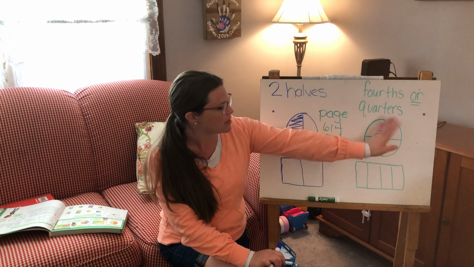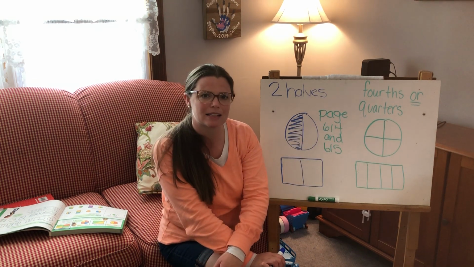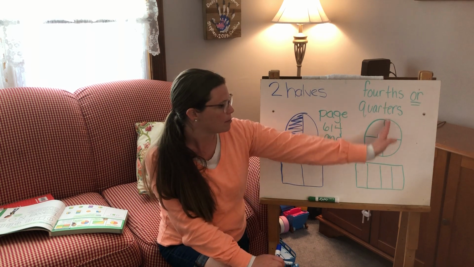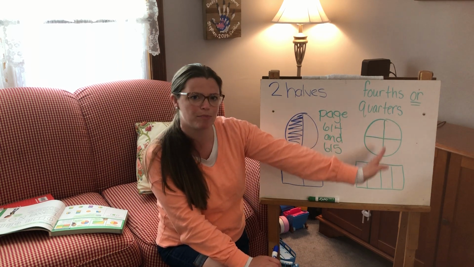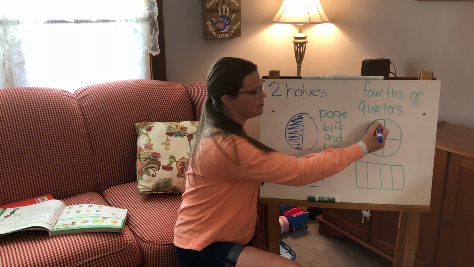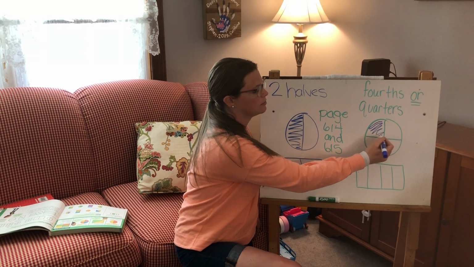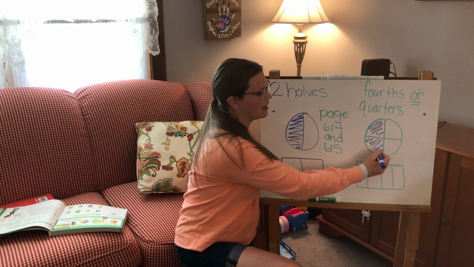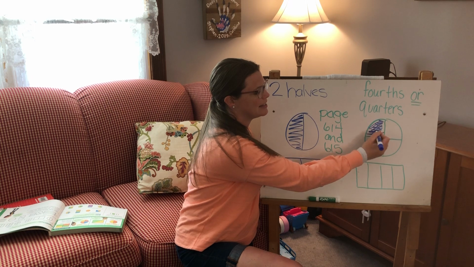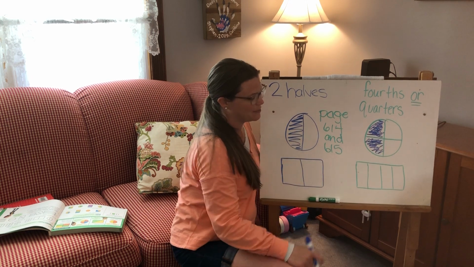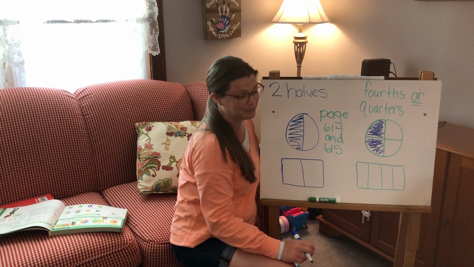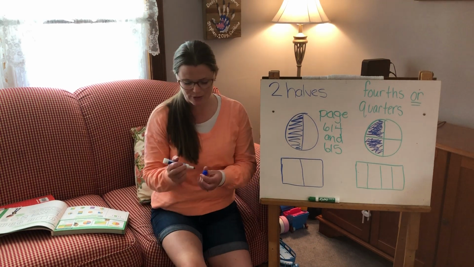But if this one is cut into 4 pieces and it says to color 1/2, well, just make sure half of the picture is colored. So I could color in half of this circle by coloring in 2 pieces. Do you guys see that? So now half of that circle is colored in. Okay? So don't let them trick you.